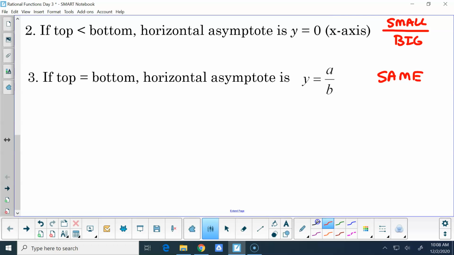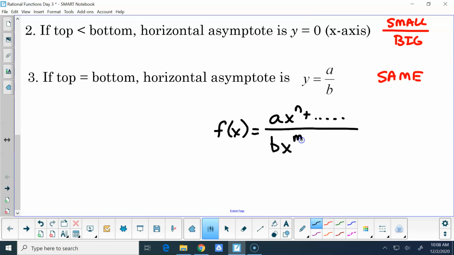And we get the a and the b from our function. Actually, this would be n also because they would be the same.